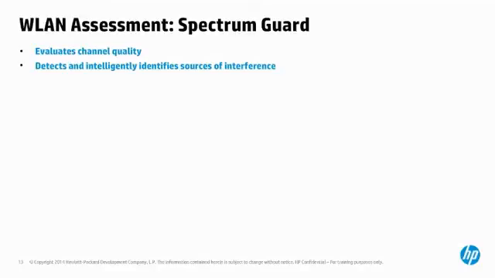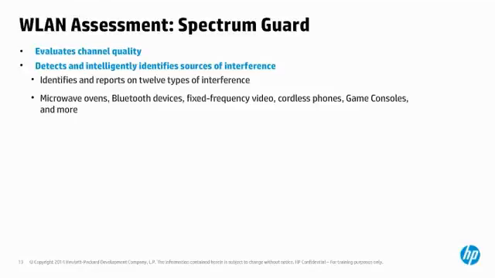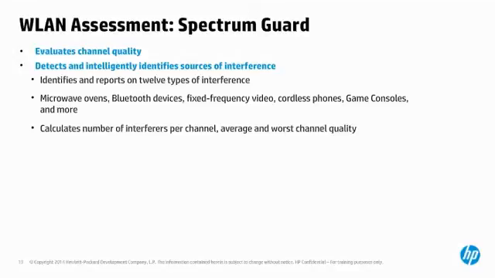Spectrum analysis delivers the following functions. Identifies 12 types of interference, including microwave ovens, Bluetooth devices, fixed frequency video cameras, cordless phones, game consoles, and more. Interference device reports are provided. It calculates the number of interferences on each channel and average and worst channel quality, and provides channel quality reports.